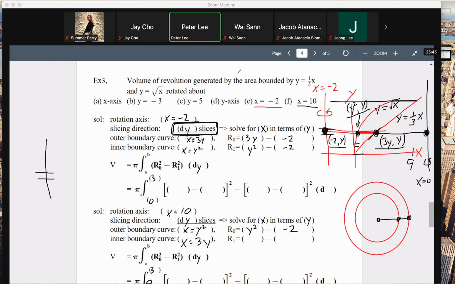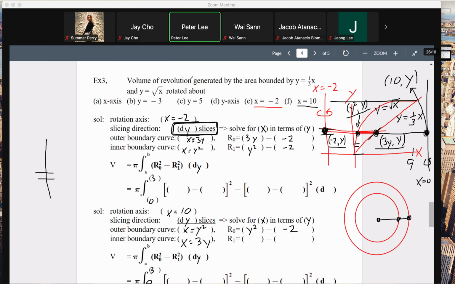Sorry, what am I doing here? Actually, outer boundary curve x equals y squared is correct. Inner boundary curve is correct. This point right here is 10 comma y. That's the point right there.